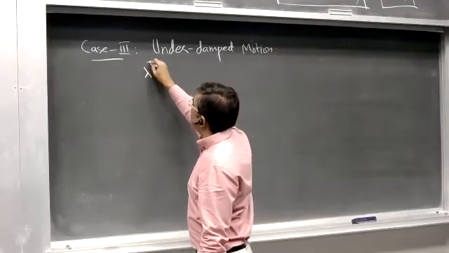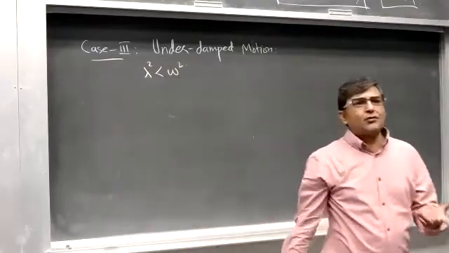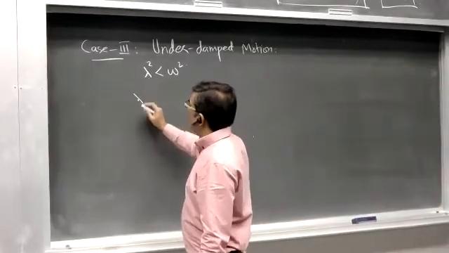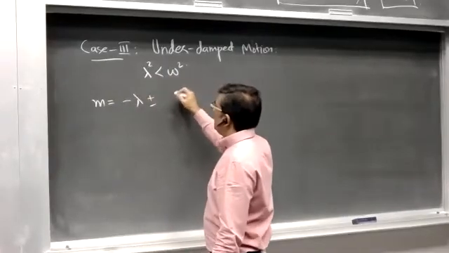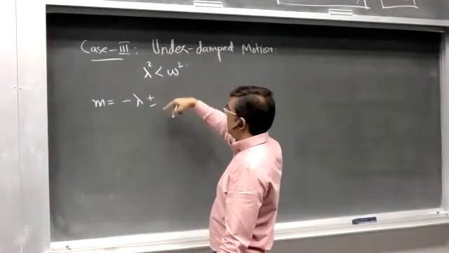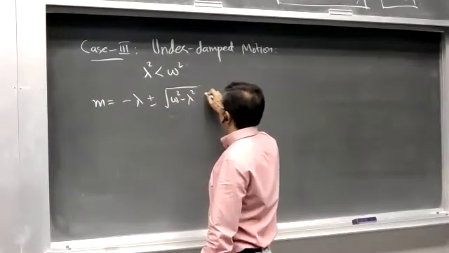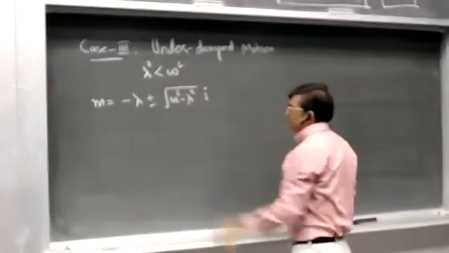In this case, we obtain complex conjugate roots: minus lambda plus minus square root of omega square minus lambda square times iota, where this quantity is now greater than 0.